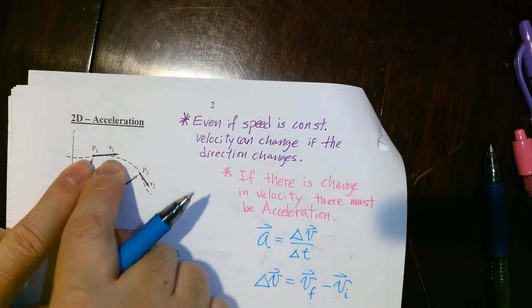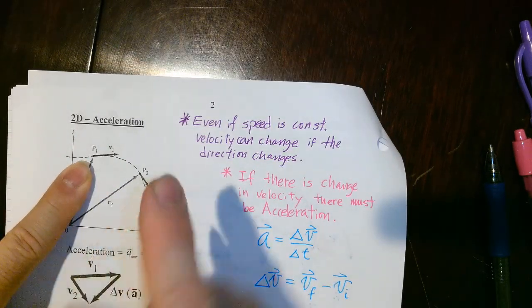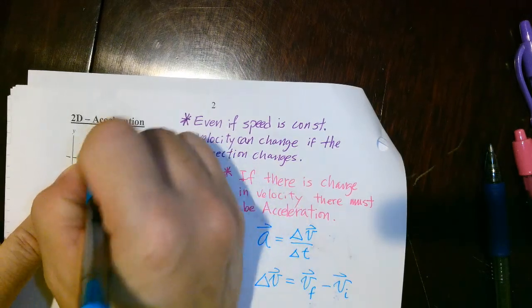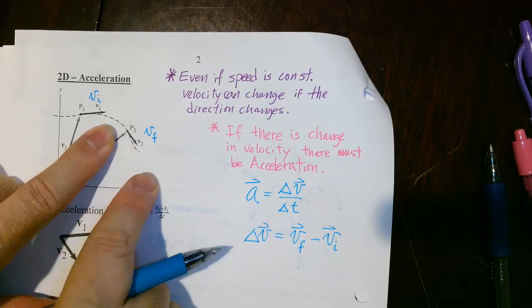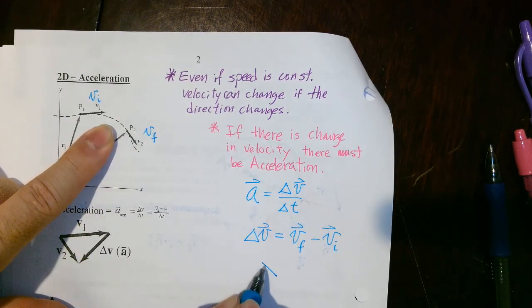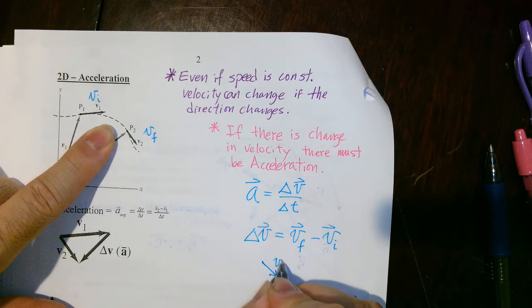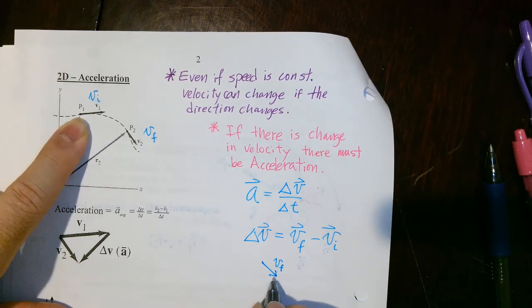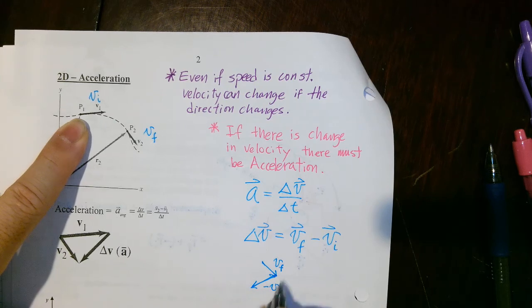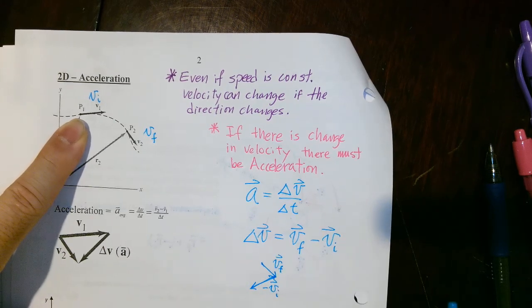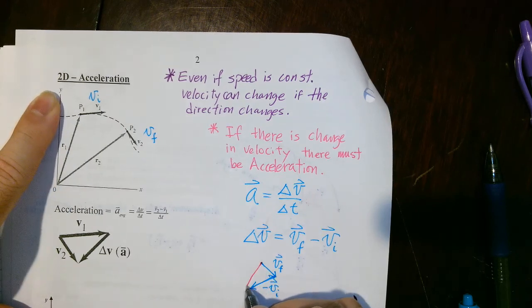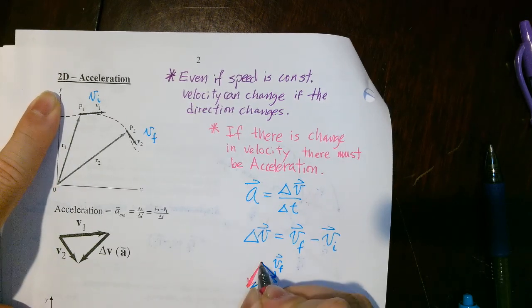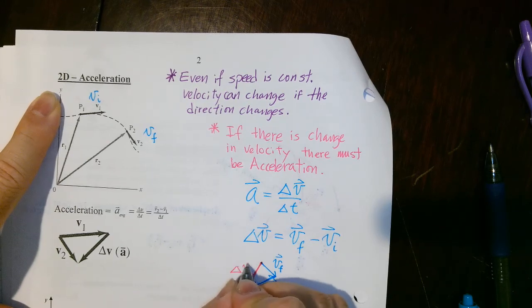Here's your vi, here's your vf, so vf minus vi, and here is your delta v.